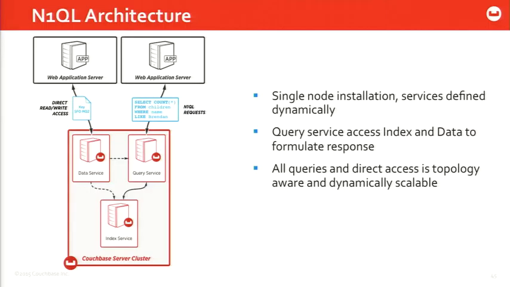Key value data access doesn't require a whole bunch of CPU, right? It needs memory, and it needs pretty decent disk if you have a high write workload. So you could have spinning disk, or you have SSDs on the back. But your index workload, on the other hand, is extremely I/O sensitive and needs a lot of resources. Your query workload needs a lot of CPU. And so you can have hardware based on those profiles to have these services running on the appropriate hardware.